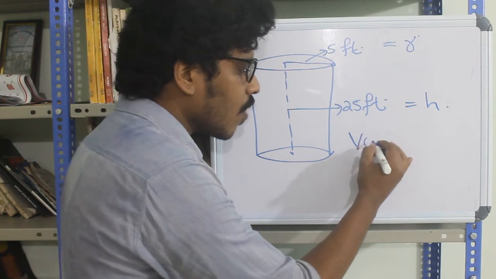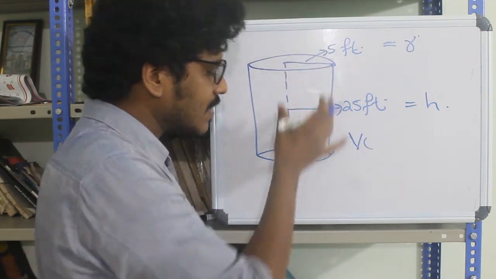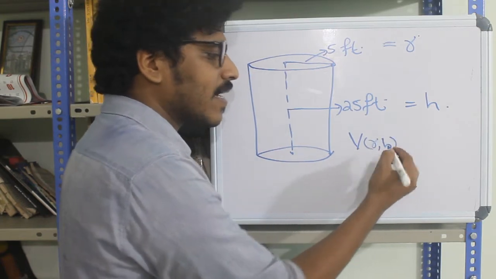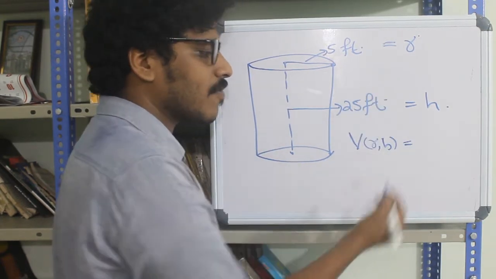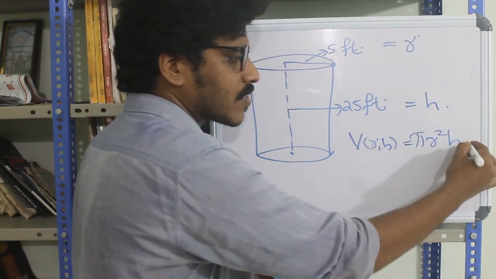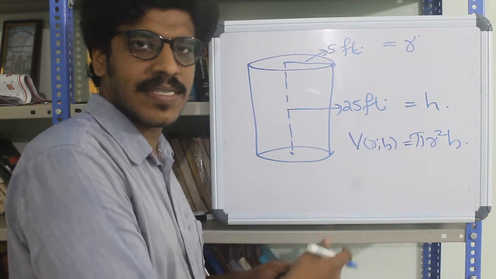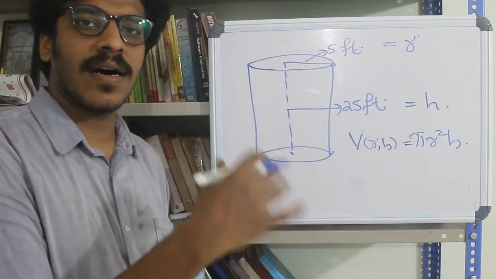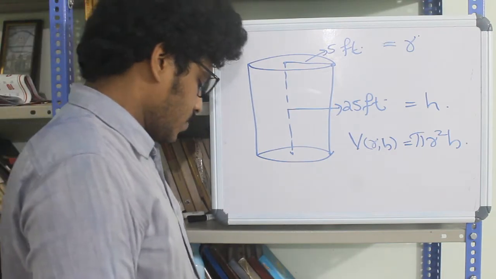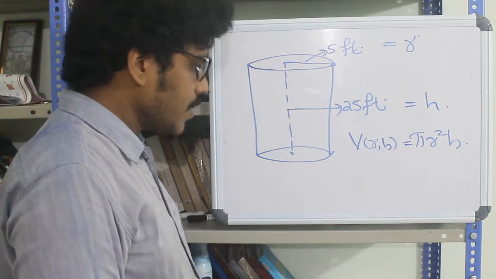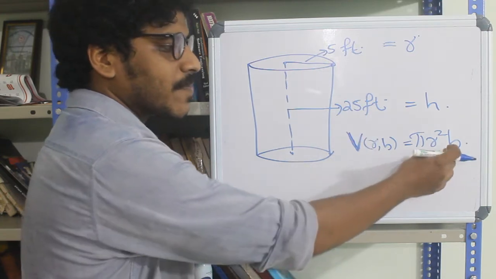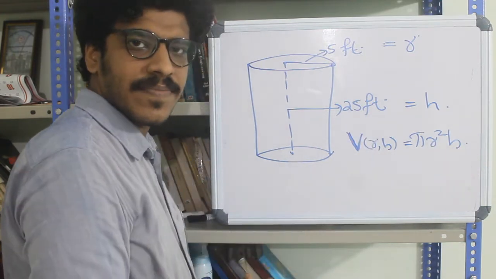So the volume of the cylindrical storage tank can be expressed as a function of radius and height as pi r square h. You might be familiar with this equation. This gives the volume of a cylindrical storage tank. So now we need to find the sensitivity of volume with respect to a change in r or h.